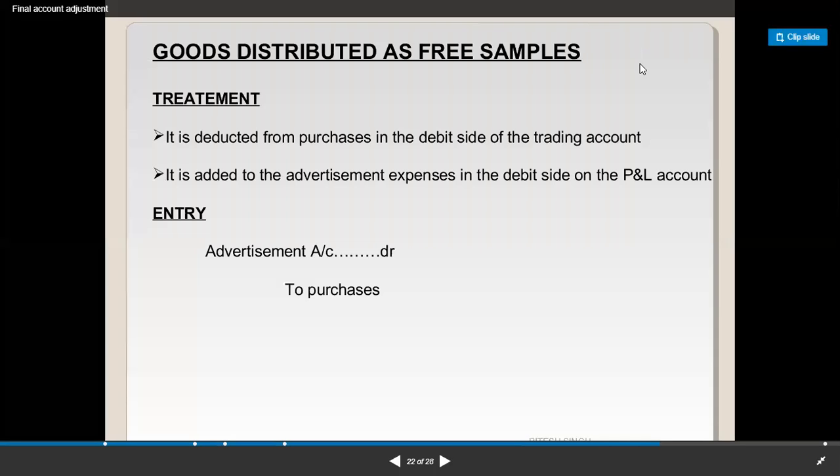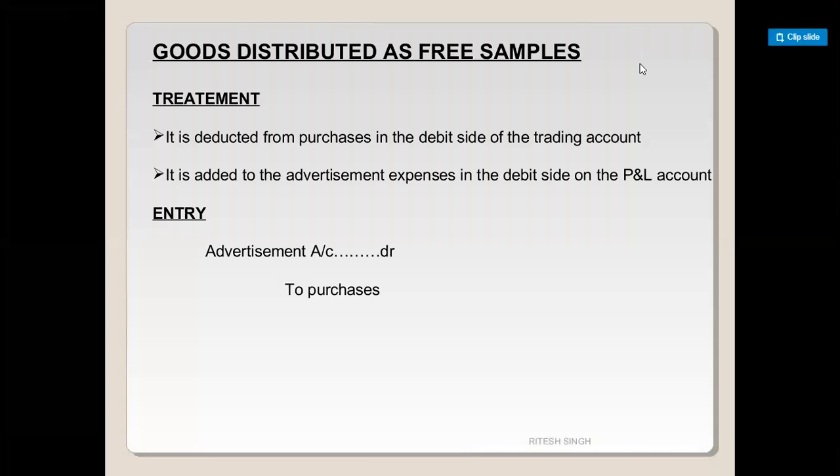Next important adjustment is goods distributed as free sample. When the goods are going out from the business, it is always to be credited. As per the rule, credit what goes out. So it should be deducted from the purchases in the debit side of trading account, and it should be added to the advertisement expense in the debit side of profit and loss account.